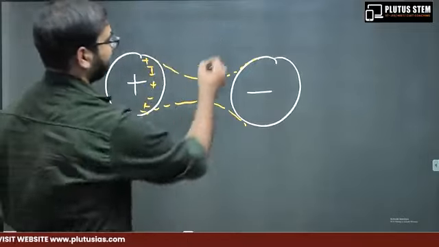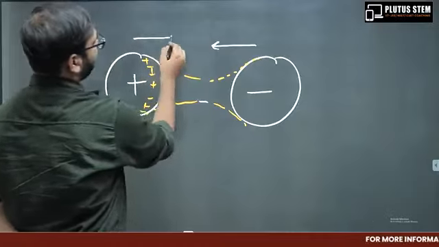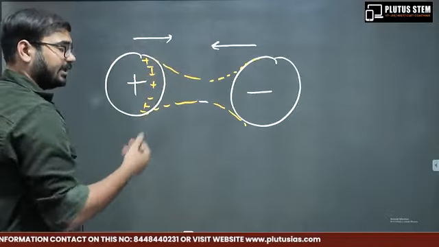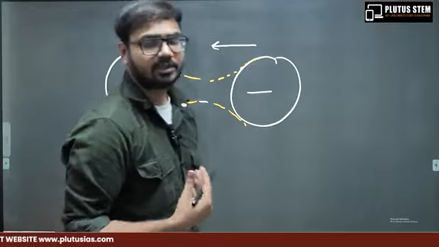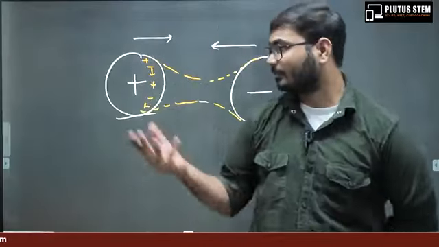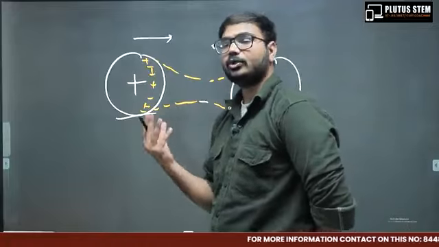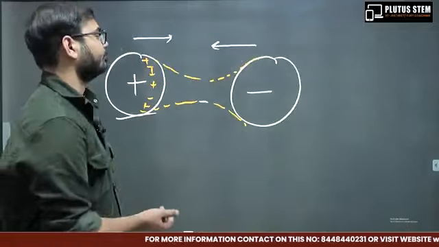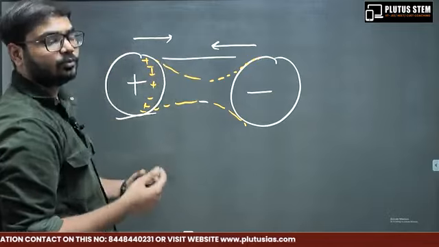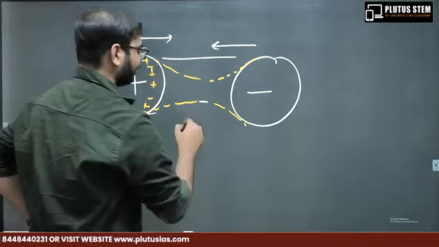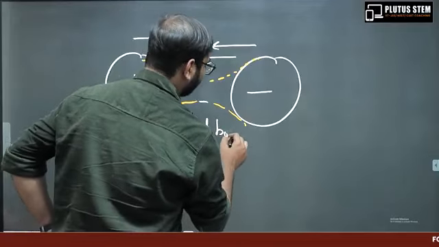Now the negative charge is aligning itself in this direction and the positive charge is aligning itself in the direction of the anion. But we know that ionic bonds are non-directional in nature. When the ions come close, due to electrostatic forces of attraction, their ionic cloud becomes directional in nature. And the moment they become directional, that is the property of covalent bonds.